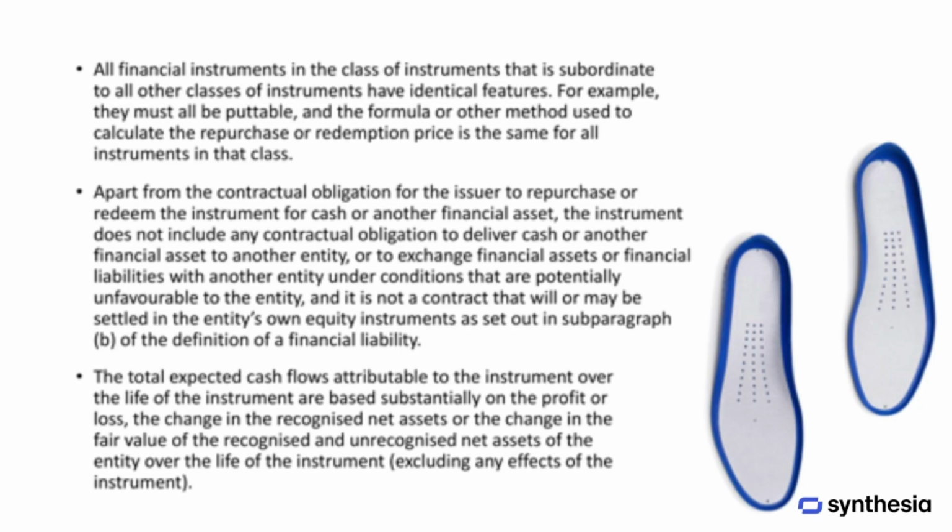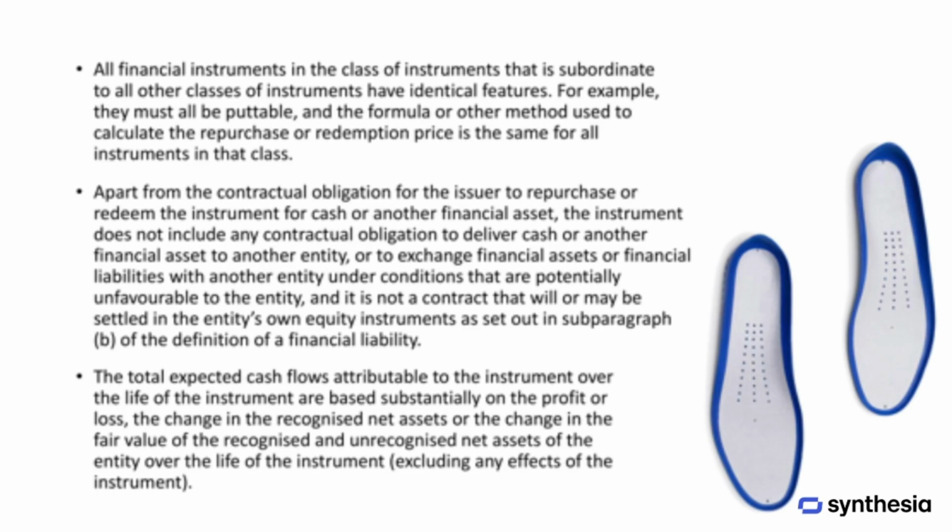All financial instruments within a subordinate class share the same characteristics. They must all be puttable, and the method for calculating the repurchase or redemption price is consistent across the class. Besides the obligation to repurchase or redeem the instrument for cash or another financial asset, these instruments do not create any other contractual obligation to deliver cash or exchange financial assets or liabilities under potentially unfavorable conditions.